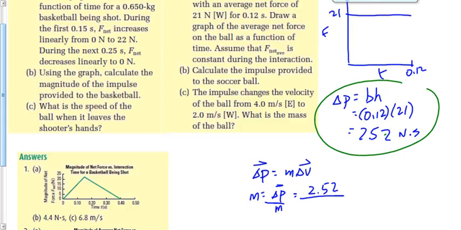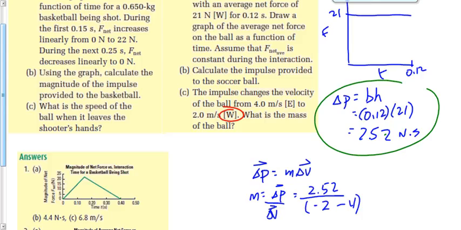Oh, wait a second here. Whoops, what's going on? Mass is not delta P over M. It's delta P over delta V, right? VF minus VI. We're going to say -2 subtract 4. What I really should have done is circled that before I did that question, right?